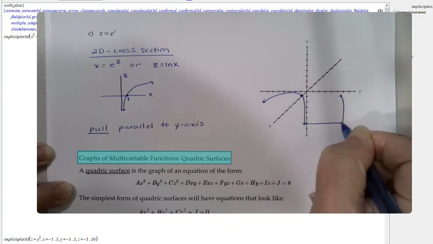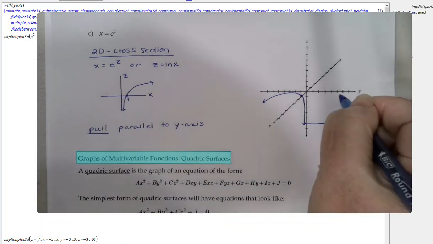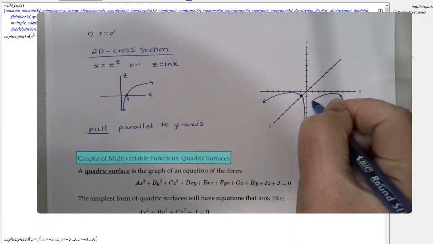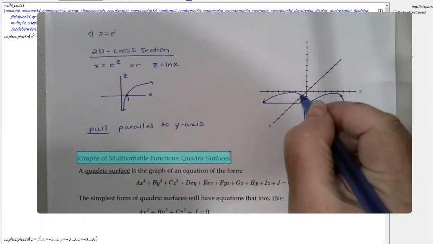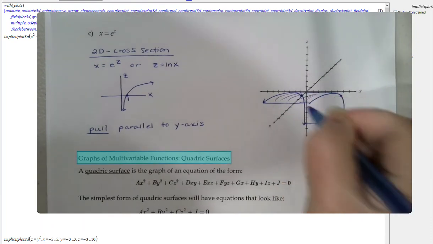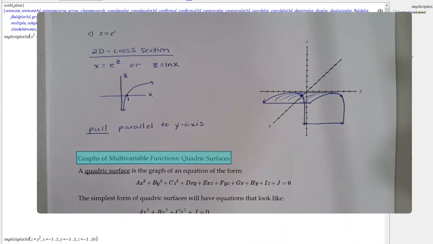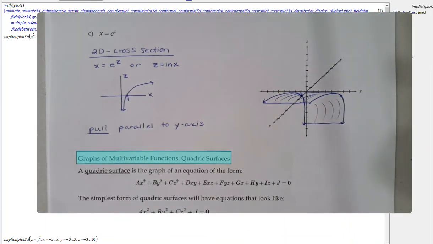Draw a line parallel to the y-axis to kind of level that off. And then it kind of comes up and out. Draw that line, and I can kind of top this off. And there you've got that three-dimensional cylinder parallel to the y-axis.